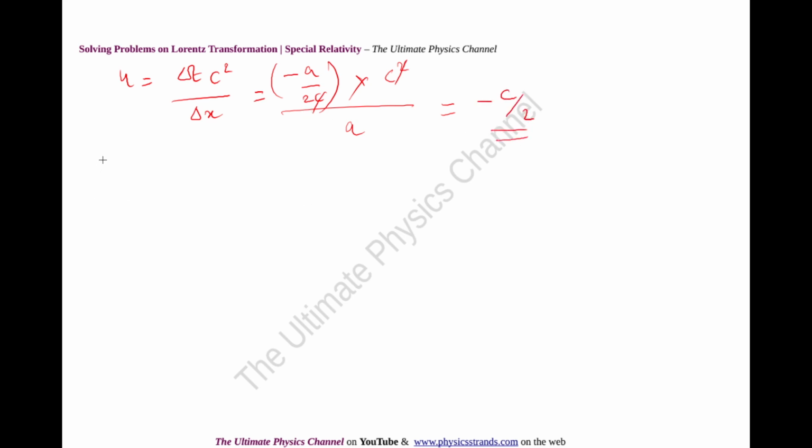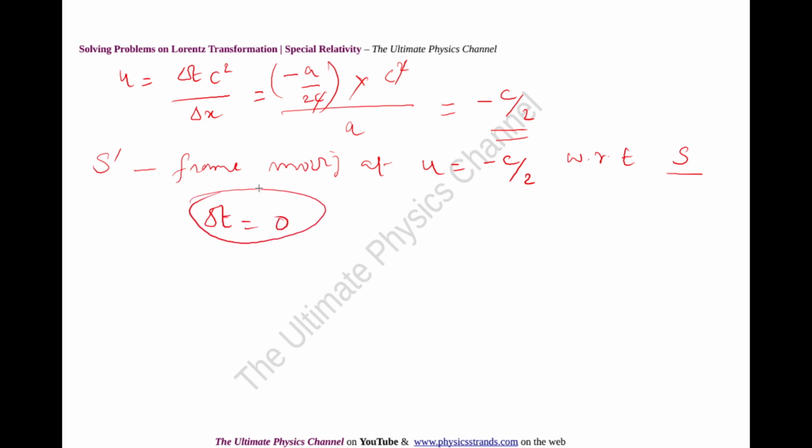So S prime is a frame which is moving at relative velocity u equal to minus c over 2 with respect to S. In such a frame, the two events will occur at the same time. That is, del t prime will be equal to 0. That is the first part of the question, right?